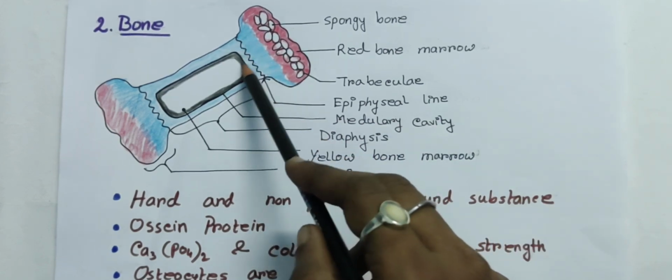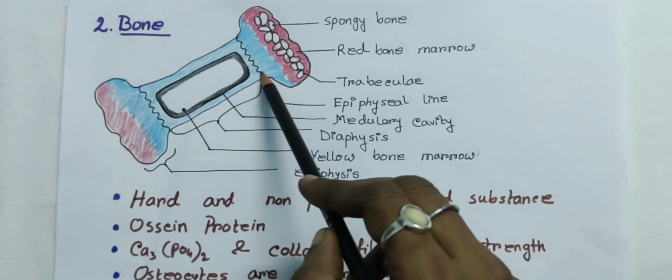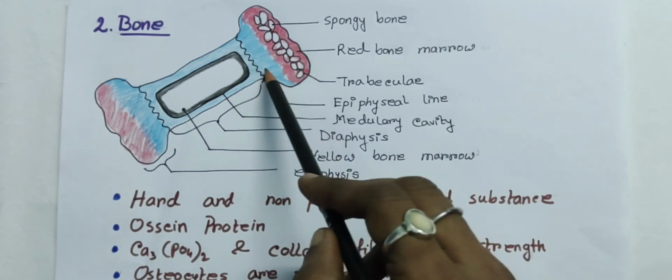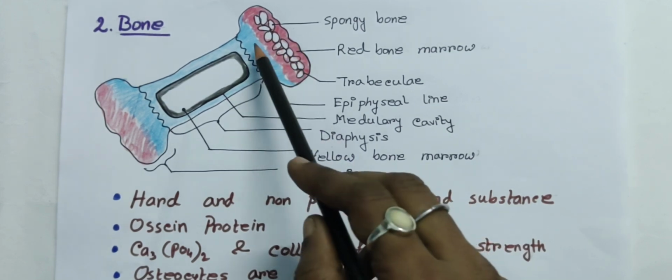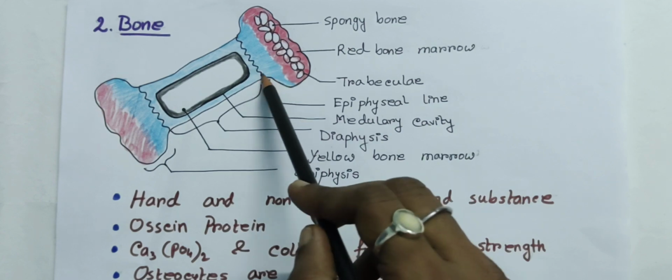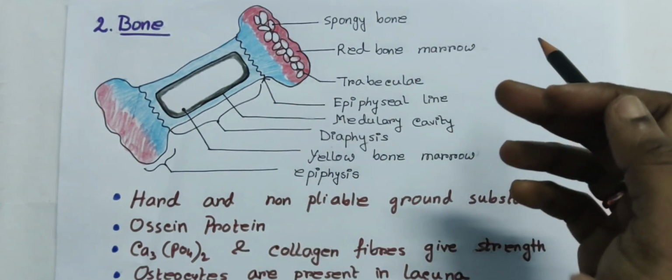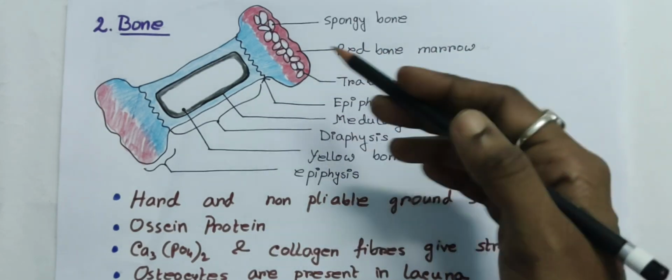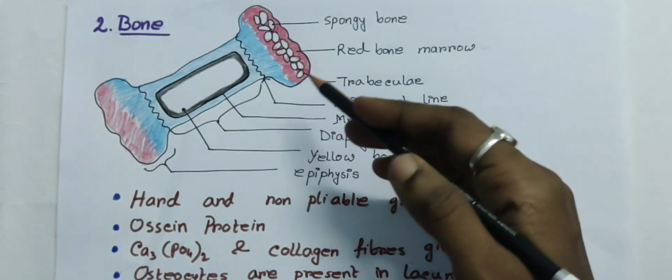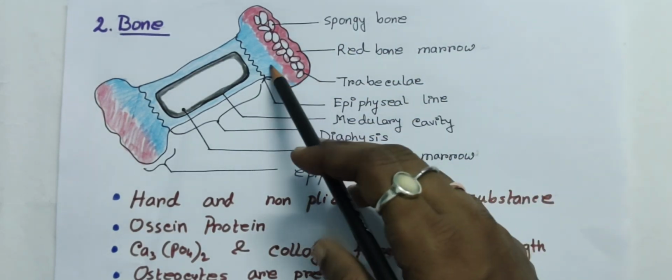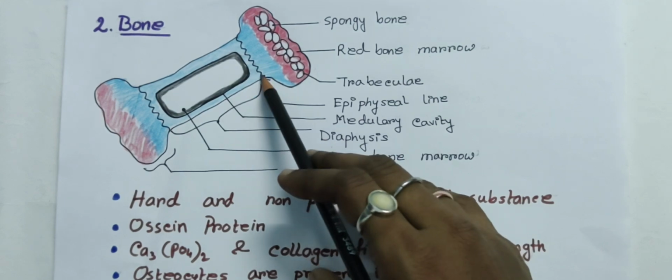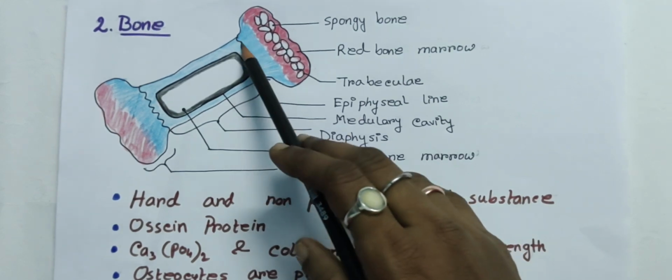Okay, actually there is a cartilaginous plate. That plate is replaced by bone. The cartilaginous plate is actually found in the infant. When they are growing up, that cartilage is turned into bone, and whenever it turns into bone, the cartilage is finished here, and they form a line.